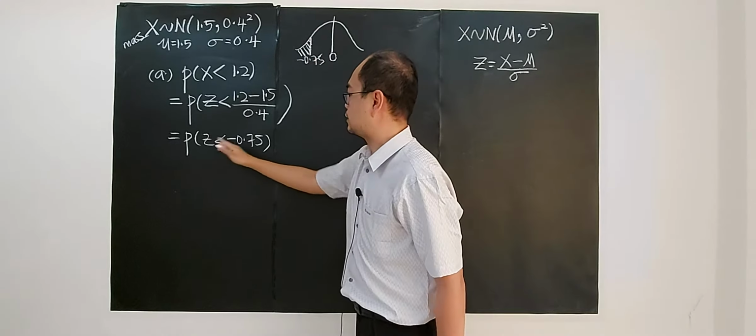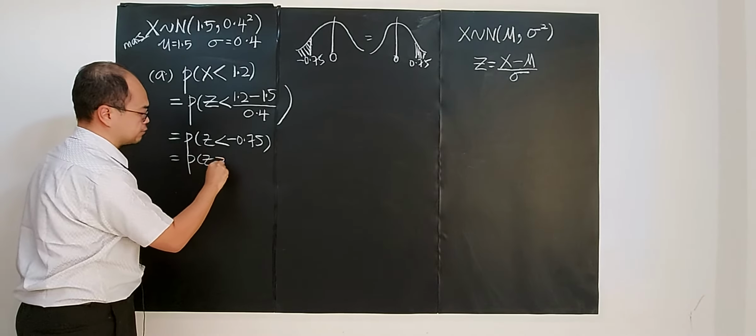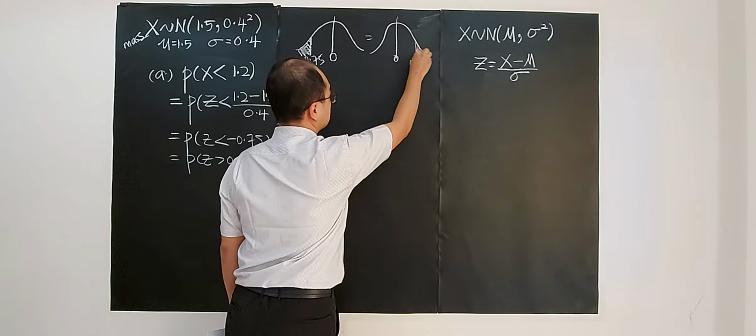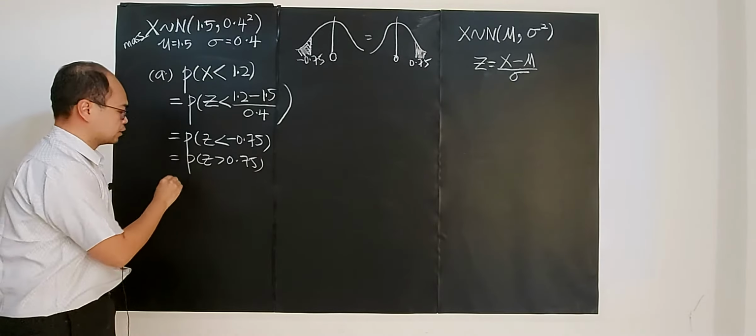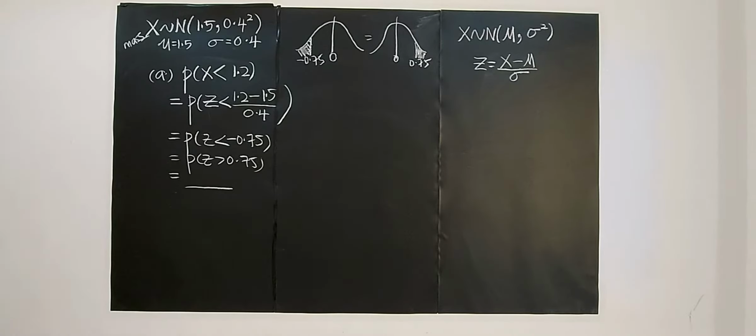This area is the same as the area above 0.75 because the distribution is symmetrical. Because your statistical table is for the upper tail, you can rewrite this as P of Z greater than 0.75.